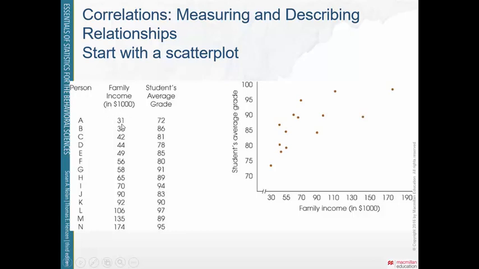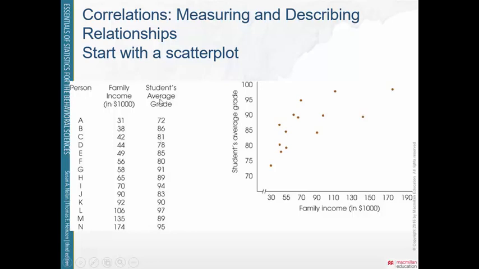This is in thousands. And the student's average grade is a 72. Person B, their family income on average is $38,000, and the student's average grade is 86. Person C, their family income is $42,000, and their average grade is an 81.